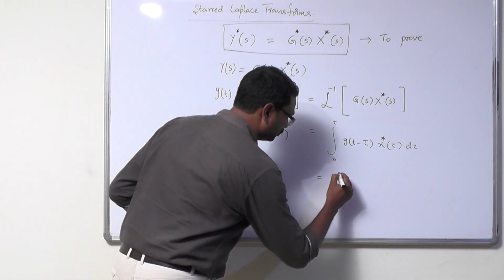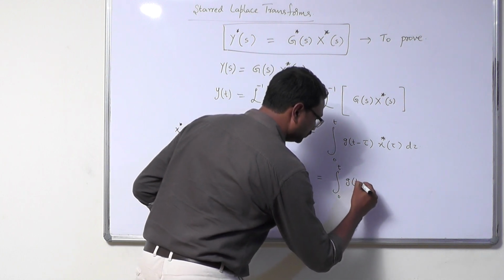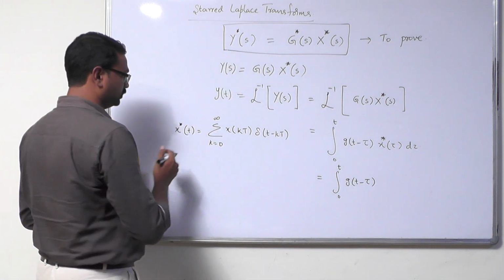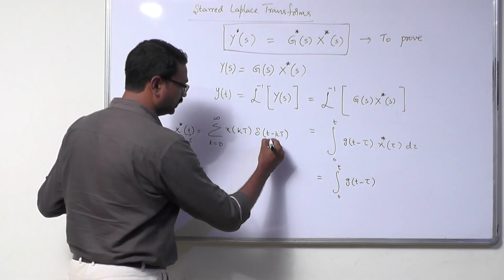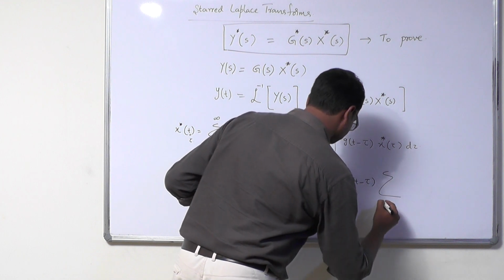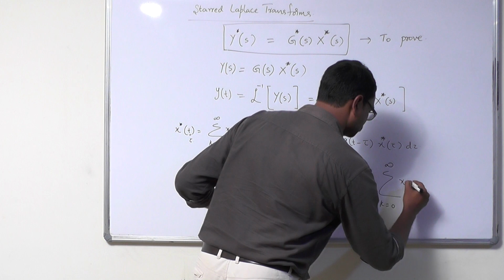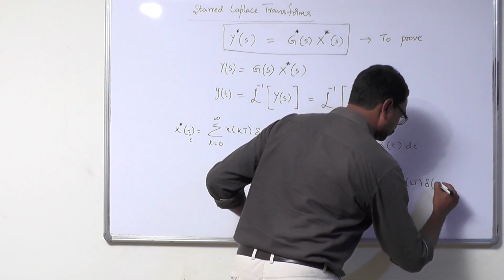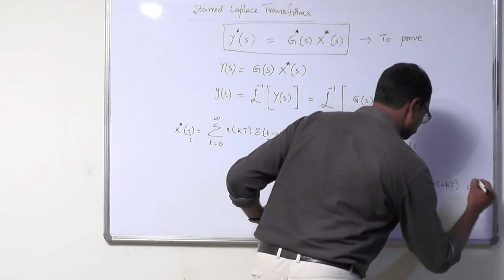Therefore, I can apply this integral 0 to t g of t minus tau x star of tau. Instead of tau t, I can replace with tau. Therefore, sigma k is 0 to infinity x of kt del of tau minus kt into d tau.